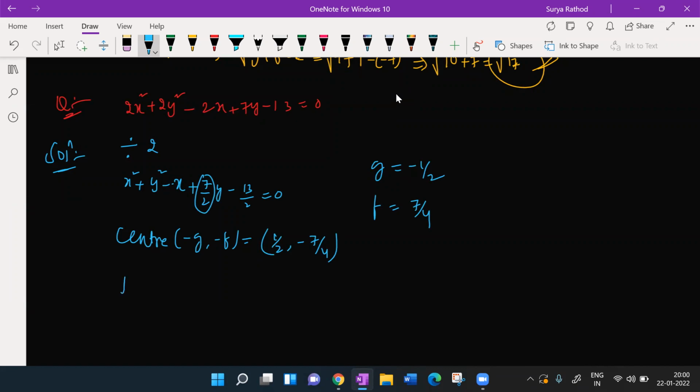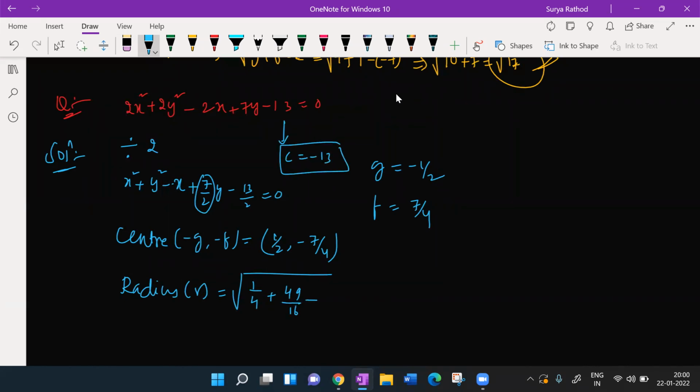People. Hello, guys. No, sir. What is the radius here? G square means 1/2 whole square, plus f square, 7/4 whole square. 1/2 whole square gives you what? 1/4, plus 7/4 whole square gives 49/16, not 49/4. Minus c. What is the c value here? -13.